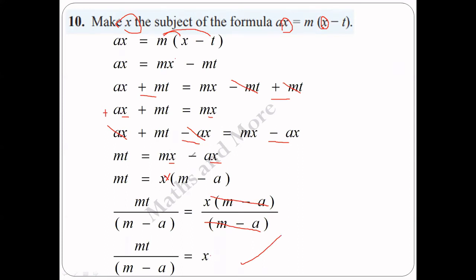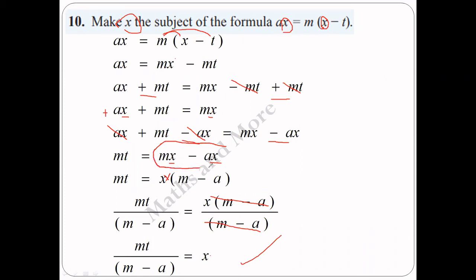If you keep your answer this way, then that is wrong. If you stop at this point, that is wrong. The reason is x is in two places. If you stop here, then it is also wrong, because this term is there. Remove that term also. In this type of problem, if the subject is in two terms, you have to get those two terms to one side.